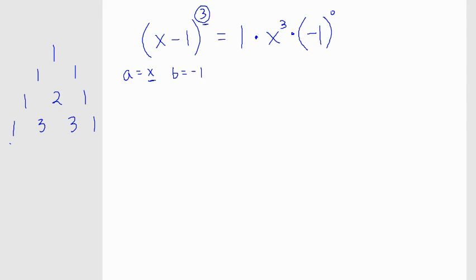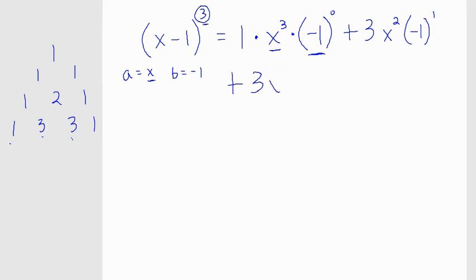Okay, so then we're going to look at the next term, put the plus, 3, this term with one less power, x squared, and then this term with one more power, so negative 1 to the 1st, plus. All right, next term in the binomial formula, 3. Well, actually, sorry, I don't need the parenthesis.